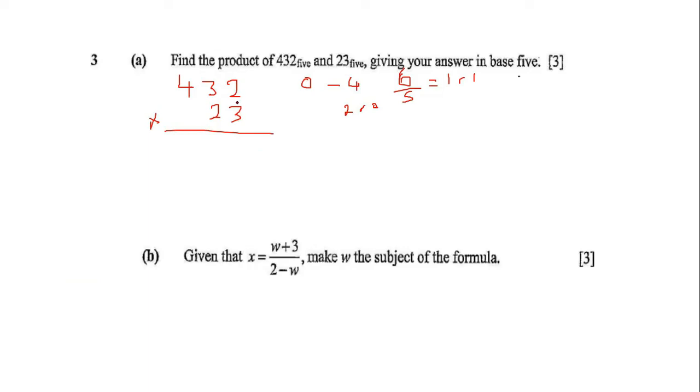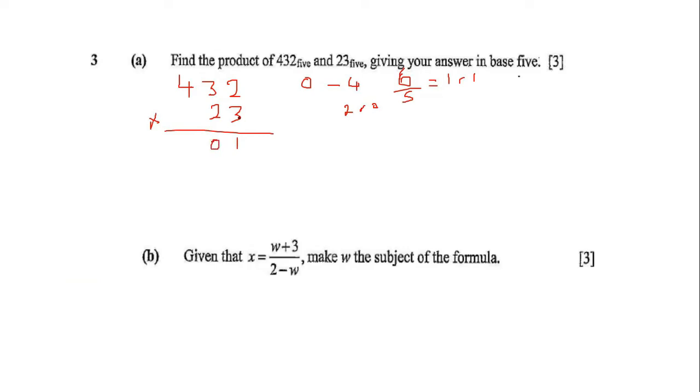So we say 3 times 2, that is 6. Then 6 divided by 5 is 1, remainder 1. So we write 1 and carry 1. Then 3 times 3 is 9. 9 plus the 1 gives us 10. Then 10 divided by 5 gives us 2, remainder 0, so we write 0 here.